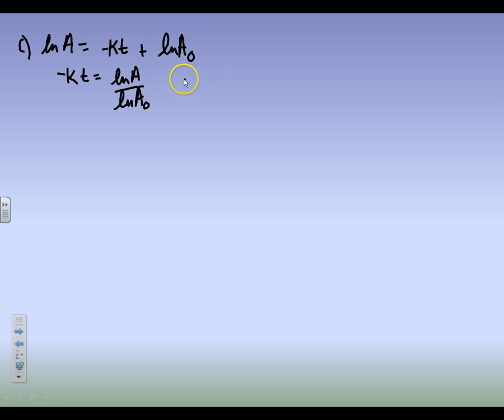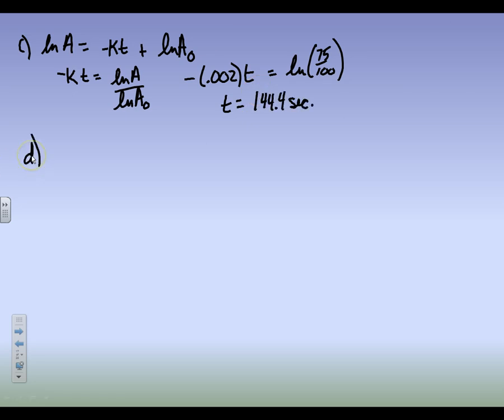Plug in some numbers. Negative, because these first order reactions have a negative slope, 0.002 T equals natural log of 75 over 100. I did it this way since I've got two natural logs, and I can easily solve from here. So T will equal 144.4 seconds.